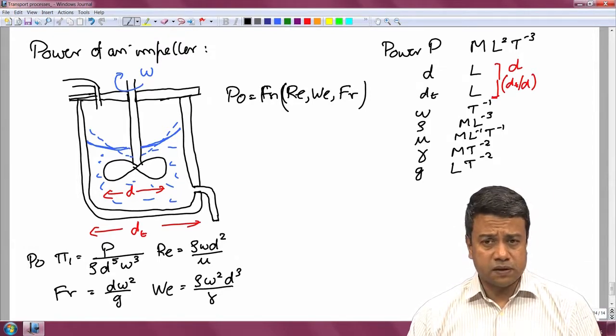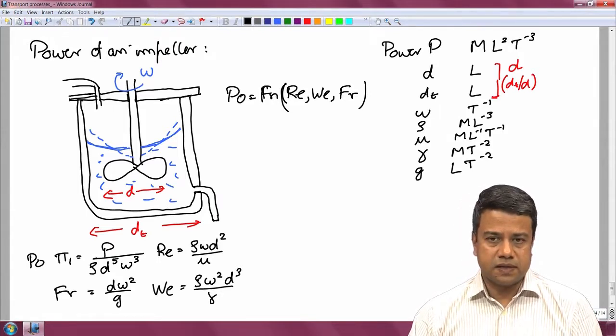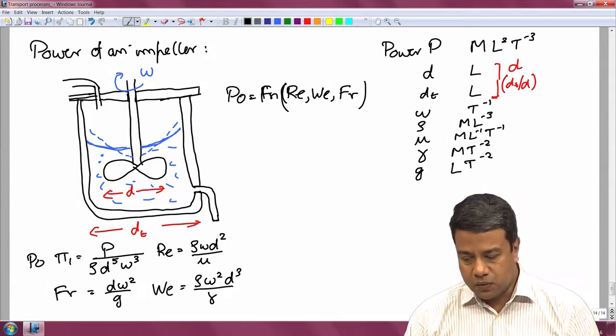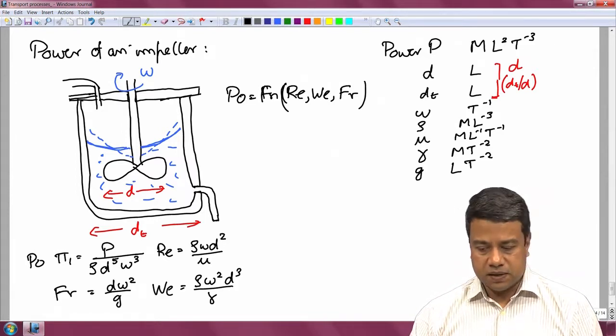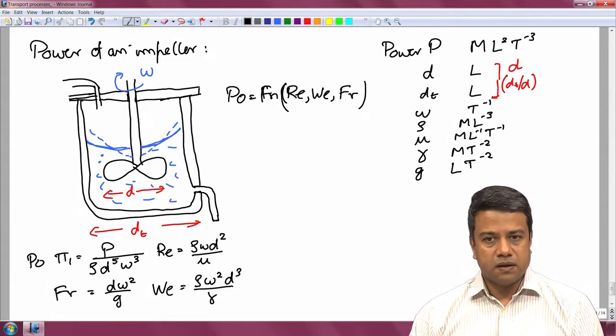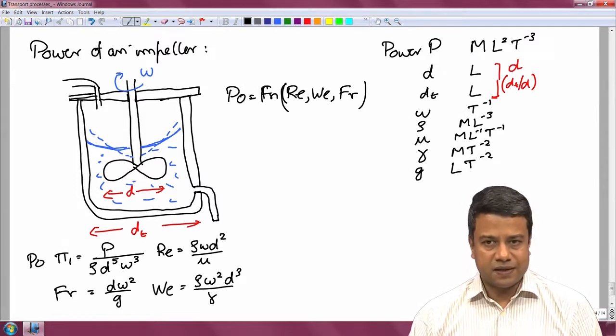How do we proceed further? Usually what we would do is to actually estimate each of these numbers. See what is the magnitude of these numbers and which numbers are relevant and which numbers are not relevant, and try to simplify the problem in that manner. For that we need some idea about what are the actual dimensions of a tank like this.